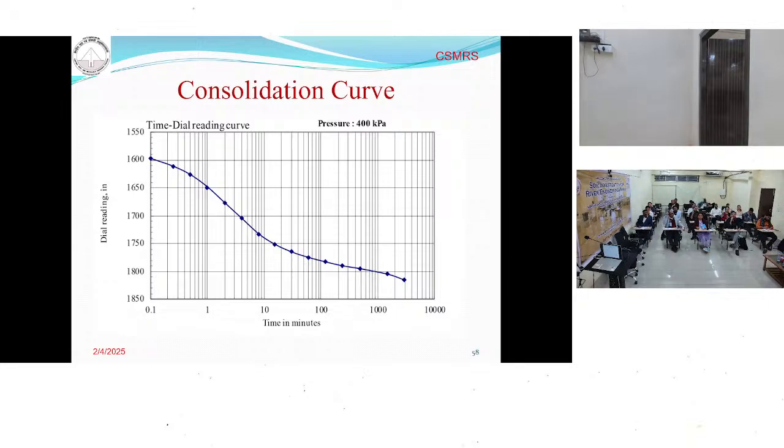What will happen if it is over consolidated? At the initial stage, when you apply the load, there is settlement. But if it is over consolidated soil, the settlement will not take place. The curve becomes horizontal. Once it crosses the load which you applied in the past, after that settlement will start.